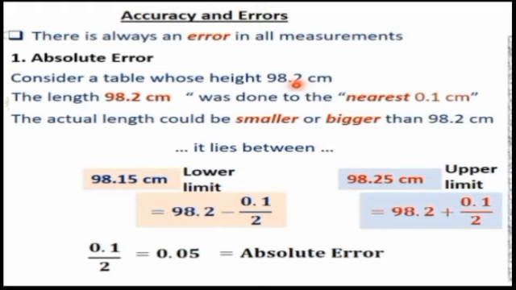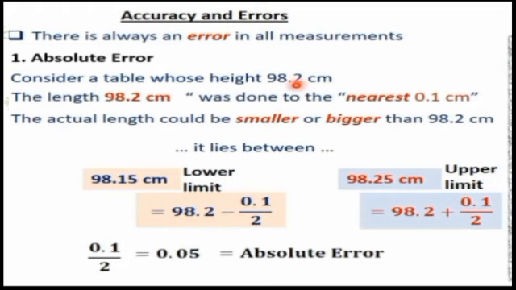Now, our absolute error is gotten by 0.1 over 2. The 2 is a constant value, which gives us 0.05. This 0.1, remember I told you, for this particular measurement, it was done to the nearest 0.1. Why? Because it has just one decimal place. And to get absolute error, 0.1 over 2 will give us 0.05 as the absolute error.